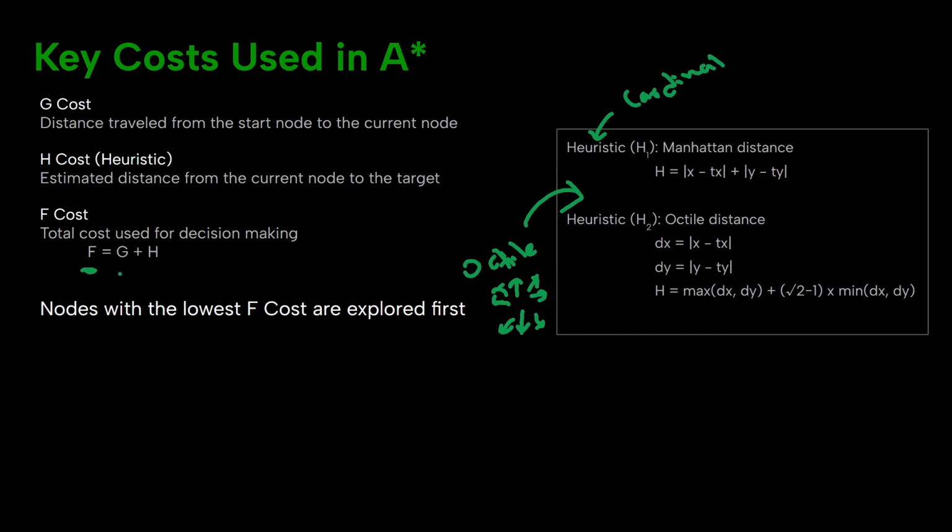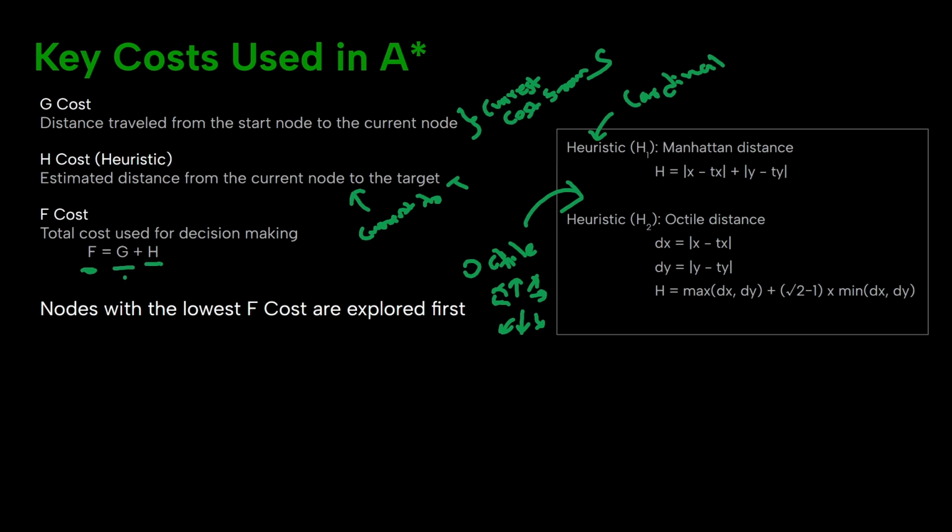We have discussed all of this earlier. G basically means the distance traveled from start to the current node, or it could be considered as the current cost from start, and H means the estimated distance from the current node to the target, or you can think of it as the cost to be spent from current to target. That is the H, and that's the G.